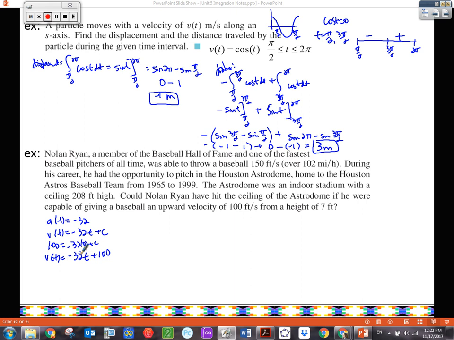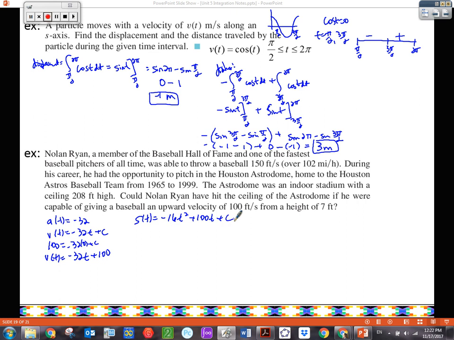So now I need my position, so I've got to do the antiderivative of velocity to get my position. Right, so s of t, so the antiderivative of -32t, I would add 1 to the 1, I get 2, divide by 2. So that's -16t squared plus 100t plus c.